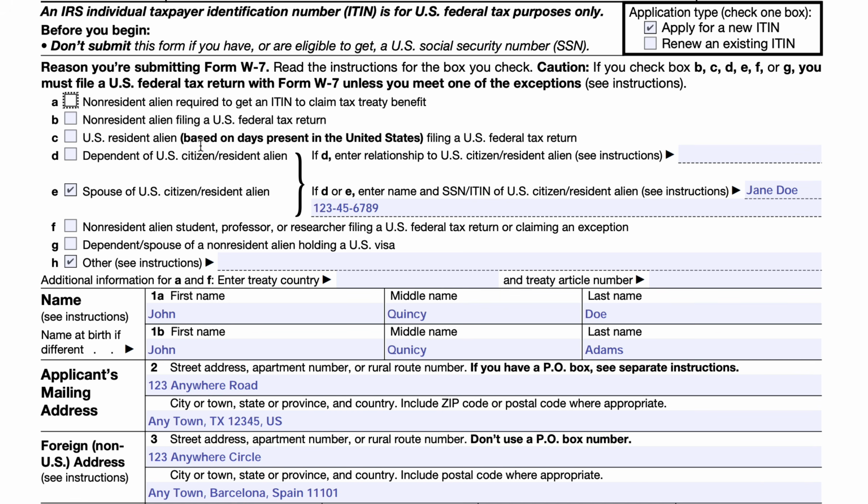So you would select box B. For reason C, you're a resident alien based on days present in the United States filing a U.S. federal tax return. This is also known as the substantial presence test, and it requires that you have at least 31 days in the current year or the most previous tax year.